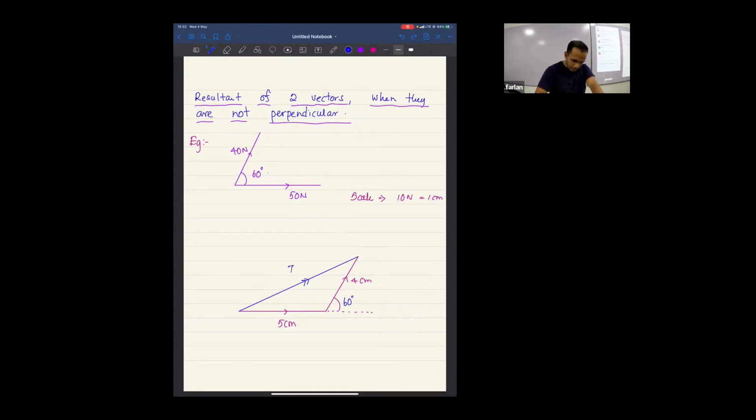Let's say it is 7.8 centimeters. Then the resultant will be 7.8 multiplied by 10. Why? Because we have taken a scale of 1 centimeter representing 10 newtons. So 7.8 centimeters represents 78 newtons. That will be the resultant in that case. If you had got 7.9, it will be 7.9 into 10.